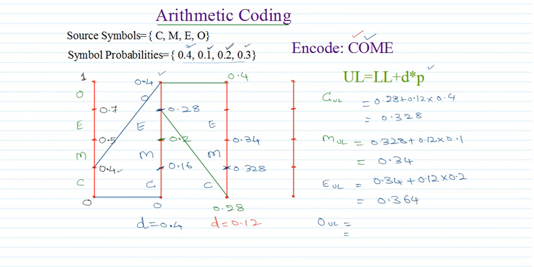Similarly, the last one we will calculate is for O. Here I'll enter 0.364, and then if you compute, you will get 0.4. Let us do that: 0.364 plus 0.12 into 0.3 gives you 0.4.